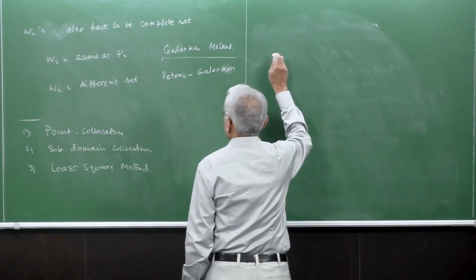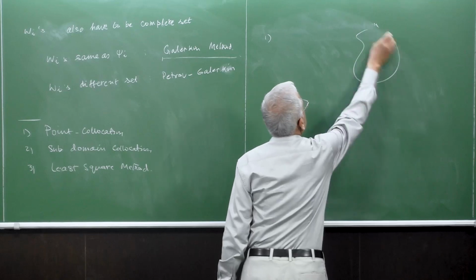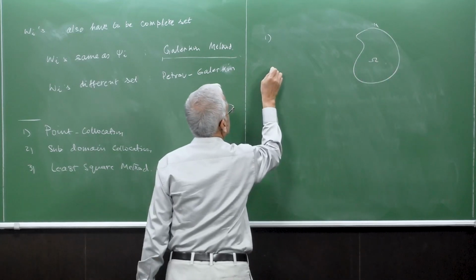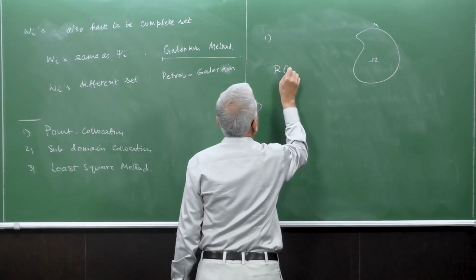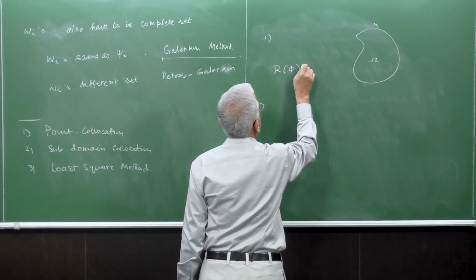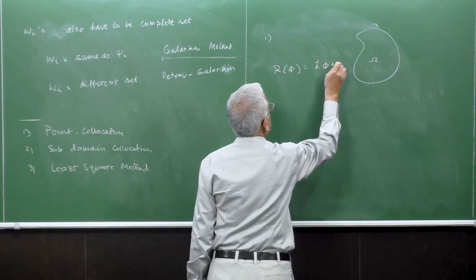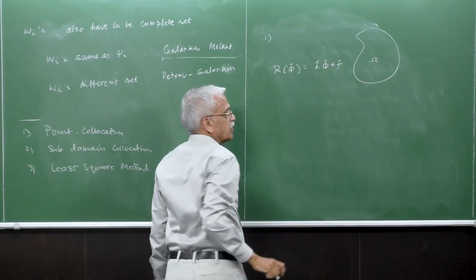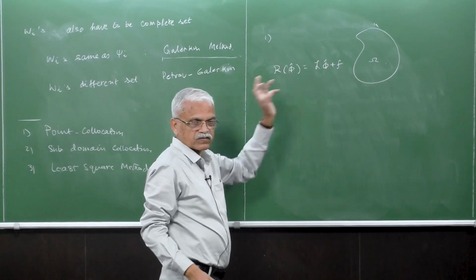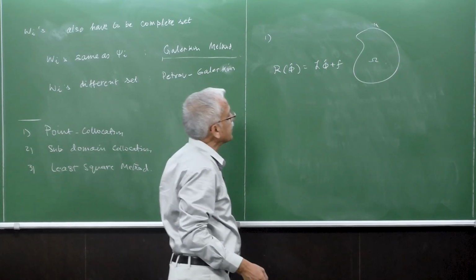The point collocation method is in the domain here, where we have defined our residual R as L phi plus f. Maybe we'll put hat if you want. So phi hat, of course, has all those n terms, psi naught, psi 1 to psi n.